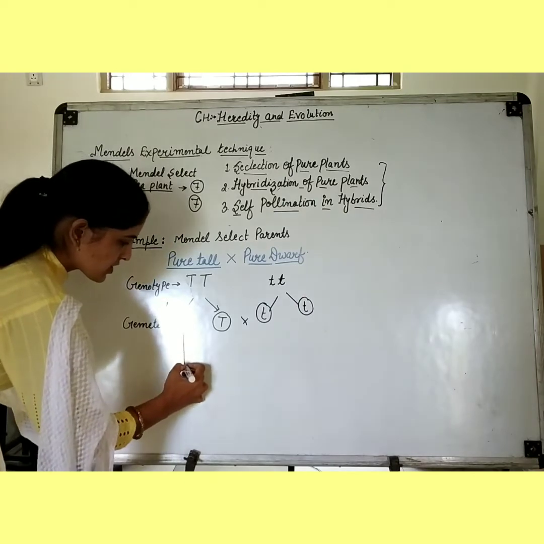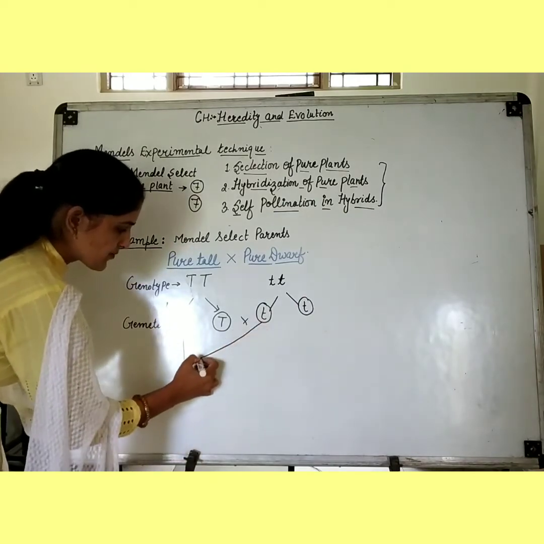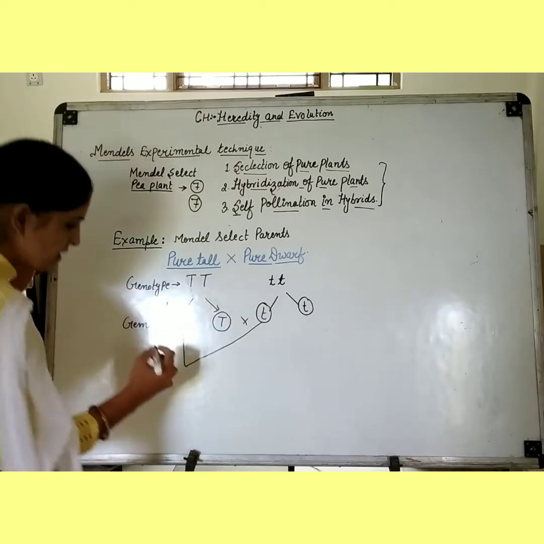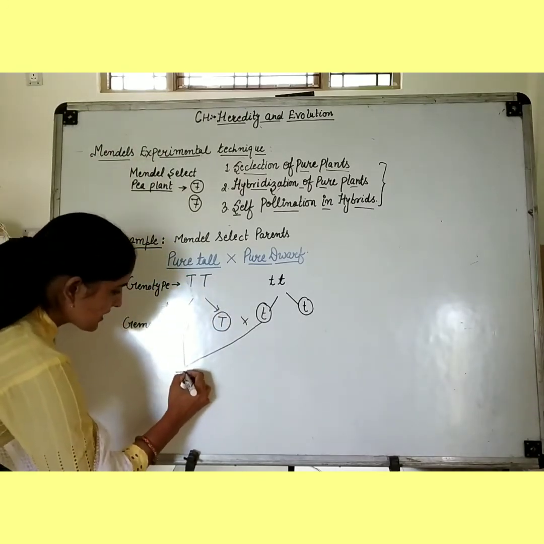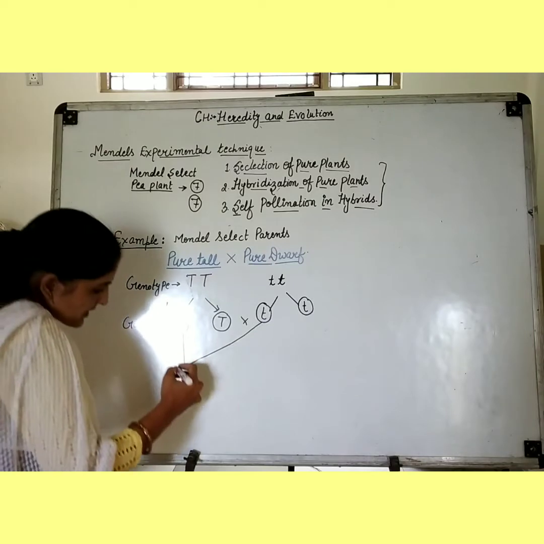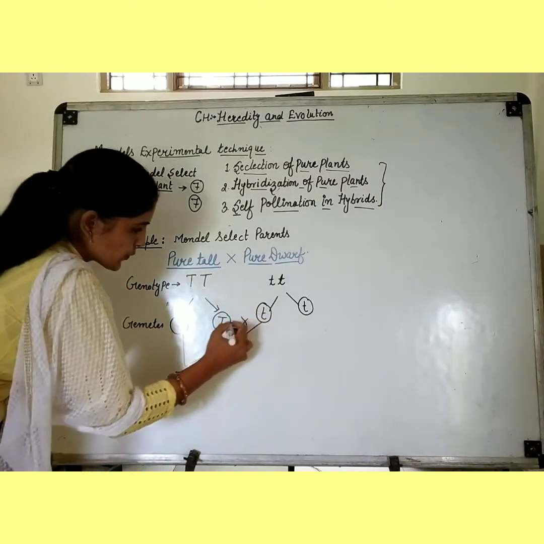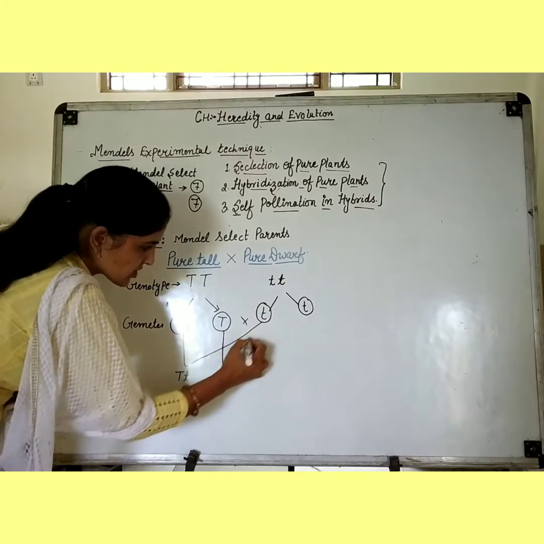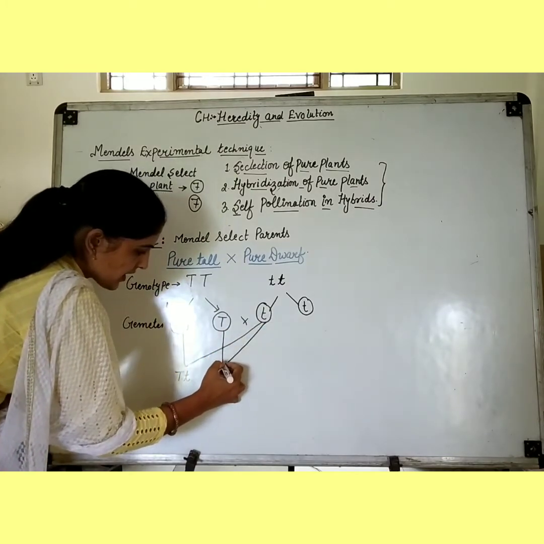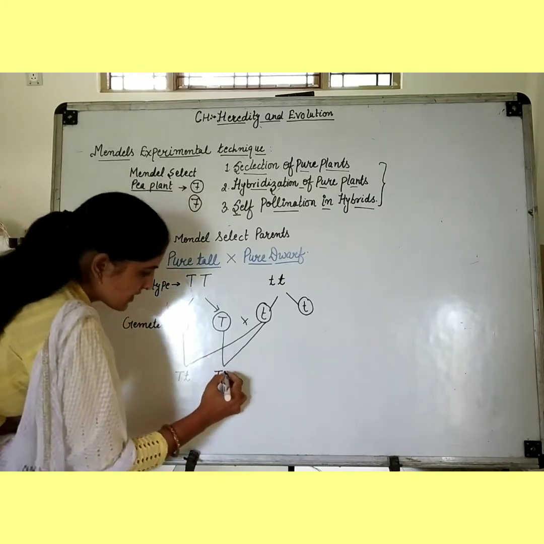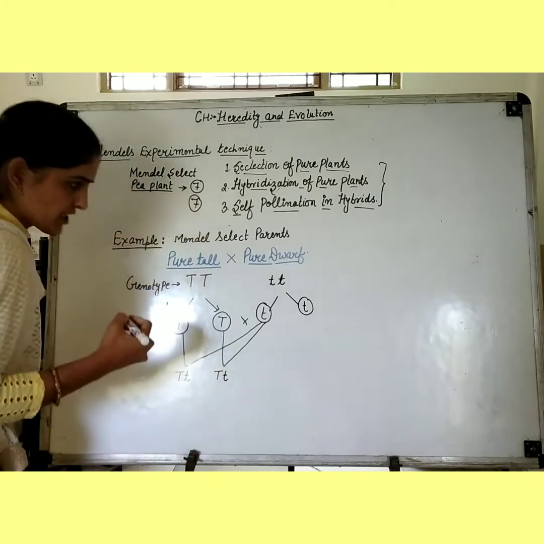When this gamete is crossed with this gamete, the offspring is formed with genotype capital T, small t. When this gamete is crossed with this, again the genotype of this offspring is capital T, small t.